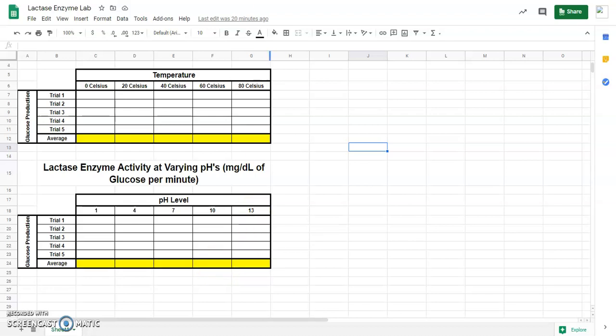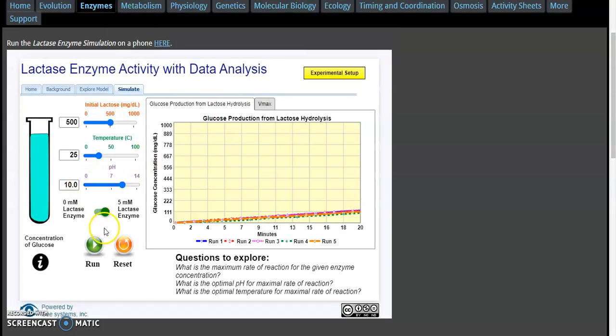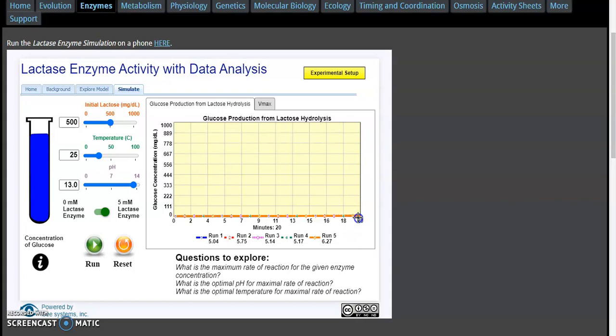Now we got to do 13. Hit reset, change the pH to 13, and run it 5 times. 1, 2, well, looks like it's going to be zeros again. Okay, so I just did it 5 times, and just so we can say that we did, even though we already know. Oh, it's not exactly 0, but it's close.